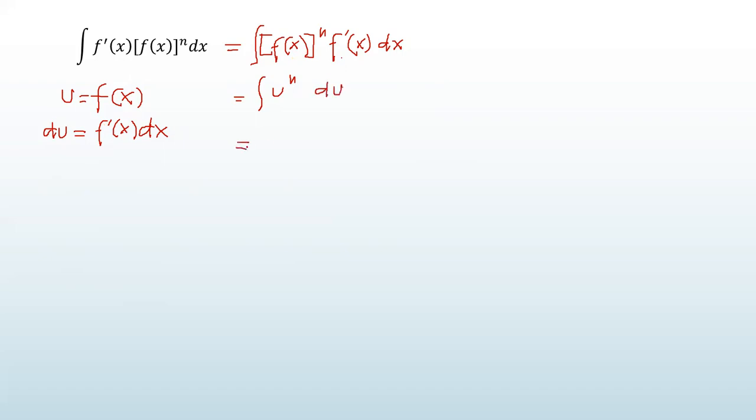And the solution becomes 1 over n plus 1 times u to the power n plus 1 plus c. Okay, or u to the power n plus 1 over n plus 1 plus c.